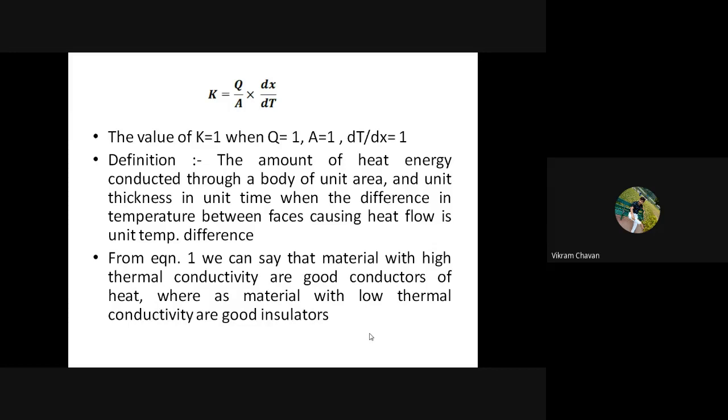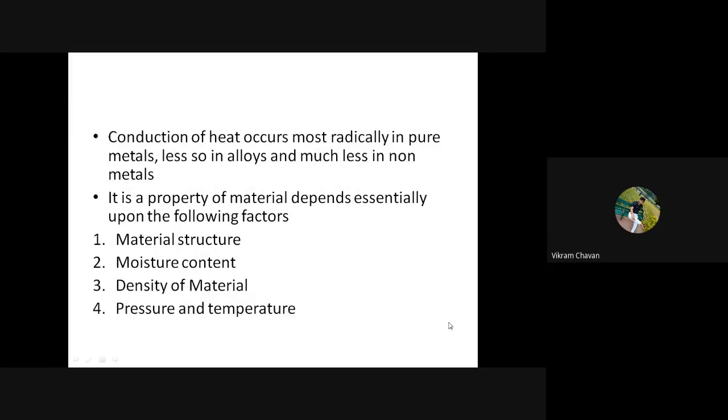A material which opposes or has less capability to transfer heat is called a good insulator. So the material which has low thermal conductivity is called a good insulator material. Getting everyone?